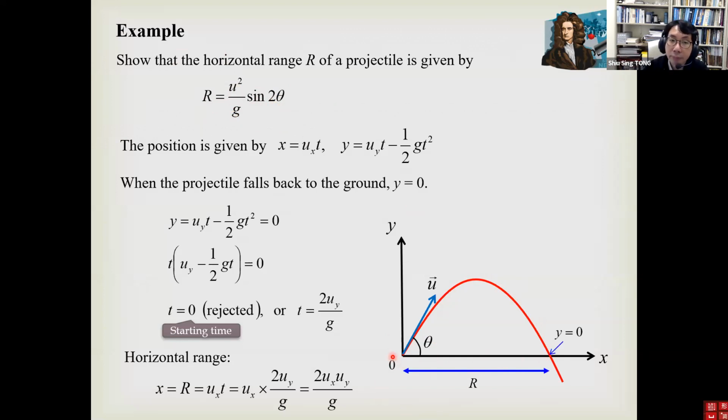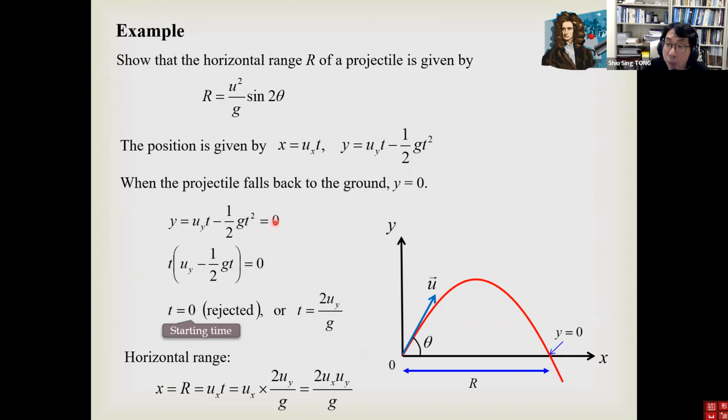Okay. Now, I know this result from high school. Then when the trajectory returns to the ground, the vertical displacement is 0. Is that right? Because the ground is by definition the level where y is equal to 0. So I put y equal to 0.